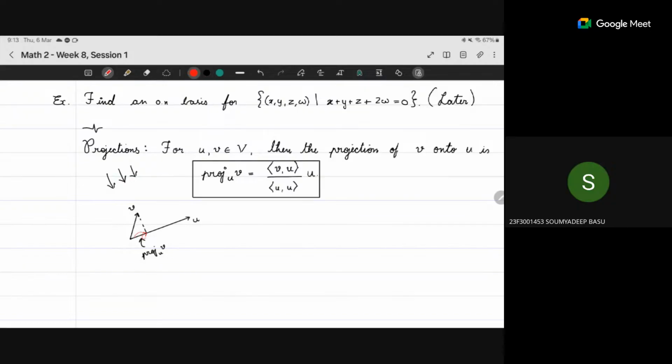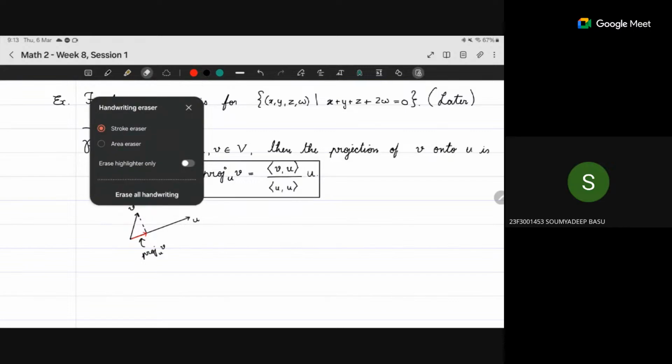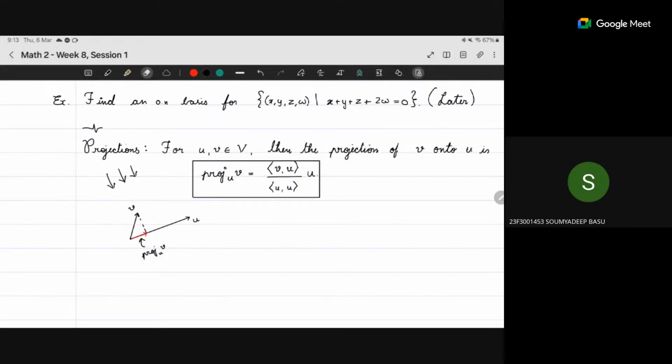Let me just draw this complete red vector. So clearly it is a vector along u. It is a vector in the direction of u. So let us just see a derivation of this formula, or where this formula comes from.